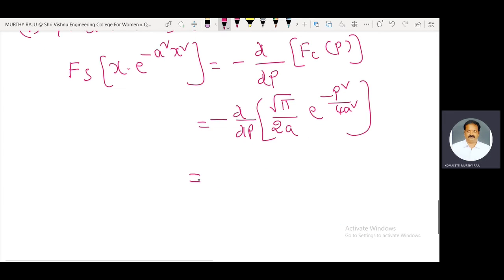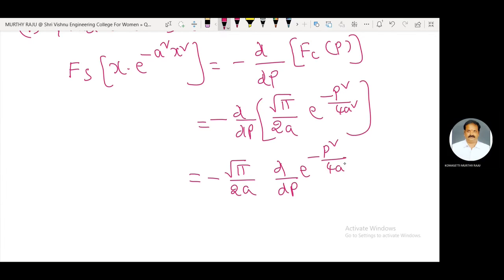That is equal to minus root pi by 2a d by dp of e power minus p square by 4a square.